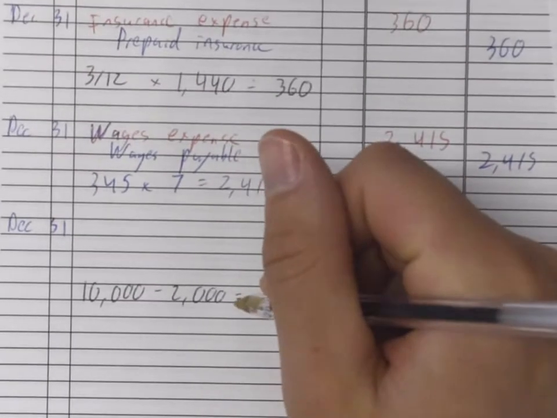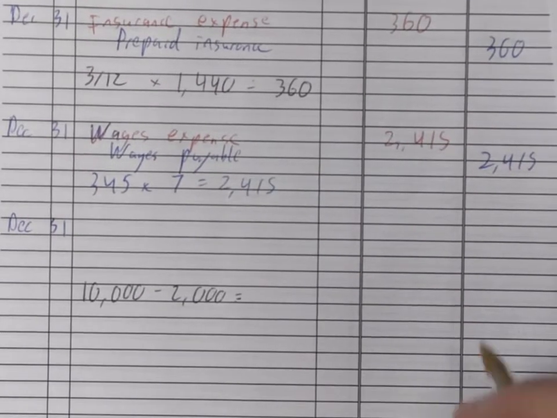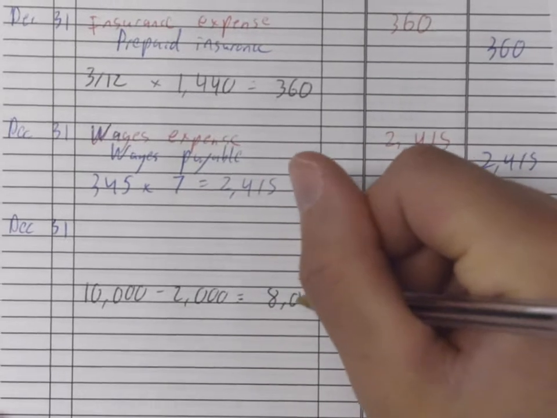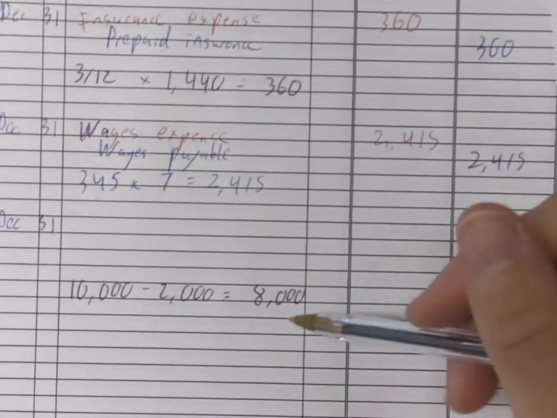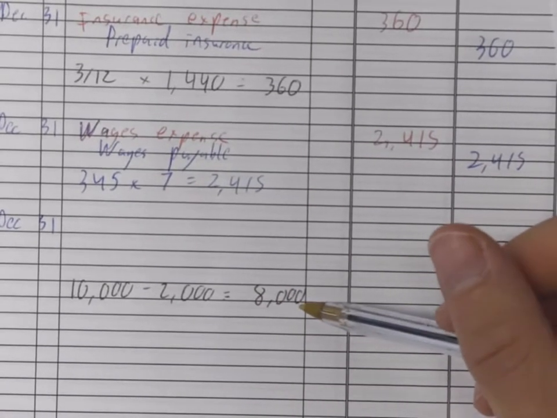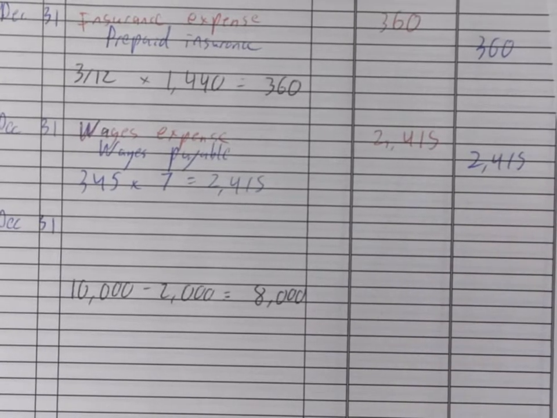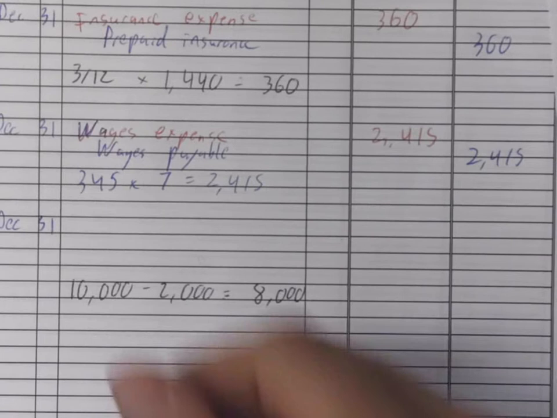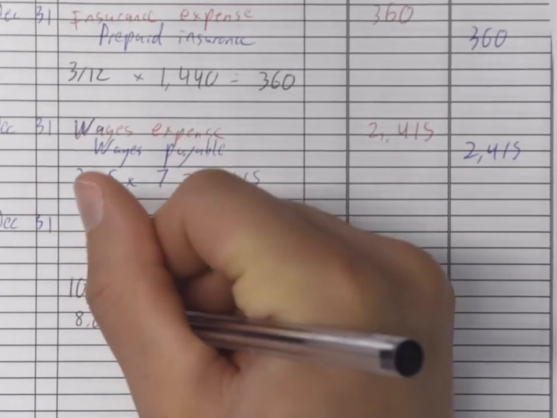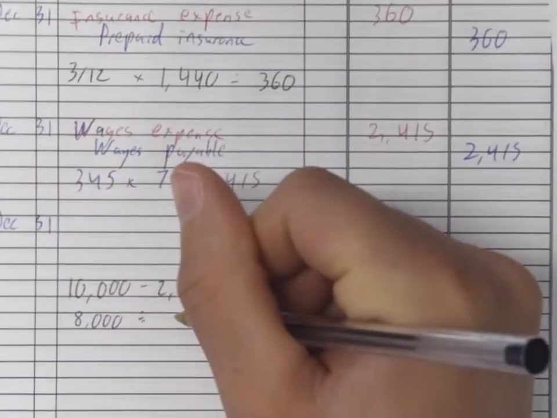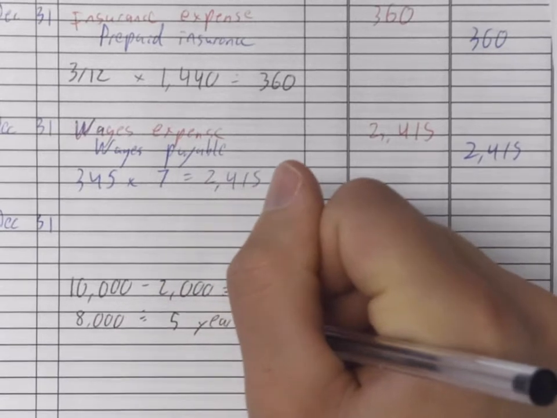I think that's the only method that you do in accounting 150. So over 5 years, you have $8,000 to depreciate. That's just the $10,000 that you bought it for minus the $2,000 that you can probably sell it for at the end. So $8,000 that you can depreciate, and 8,000 divided by 5 years.